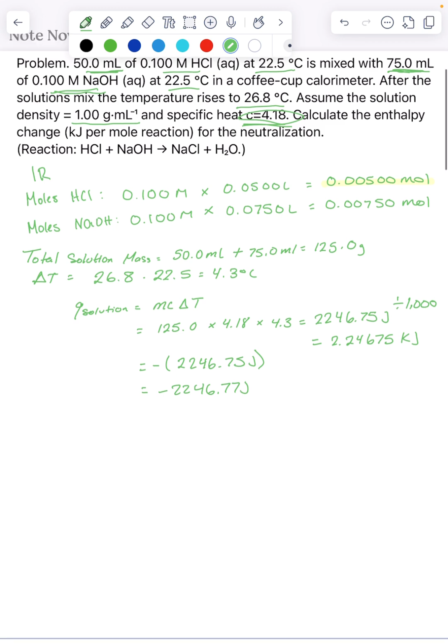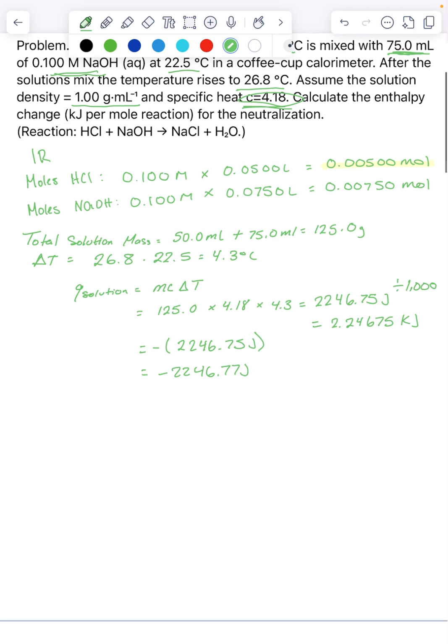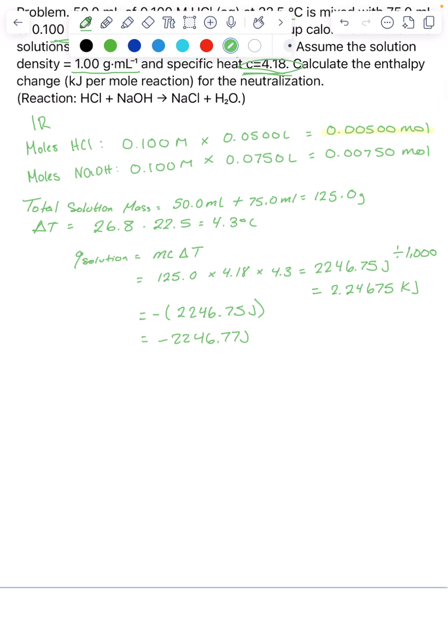And now the enthalpy per mole of reaction. So you're gonna get the limiting reagent moles reacted, which is this much. So then we're gonna get the formula.